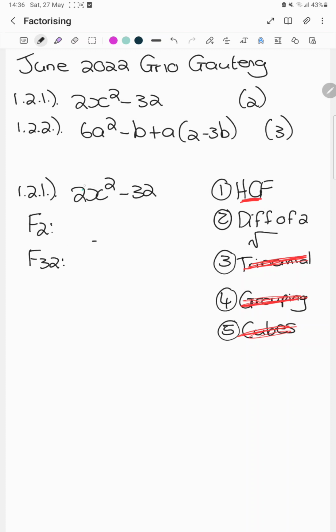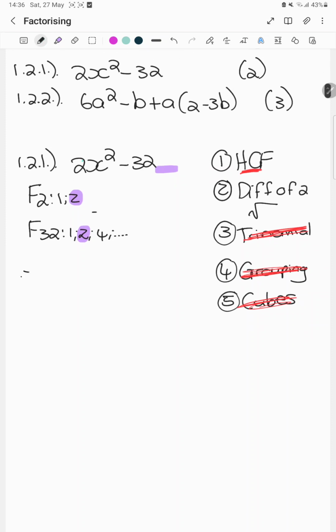The factors of 2 will be 1 and 2, and the factors of 32 will be 1, 2, 4, etc. But immediately I can see my highest common factor will be 2. There are no letters in my second term, so the only common factor I have is 2.